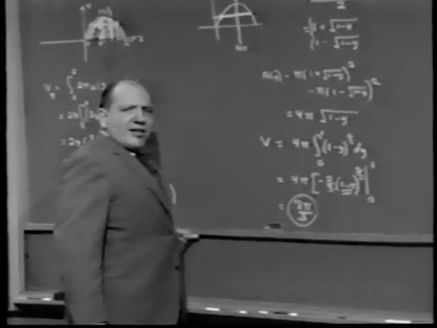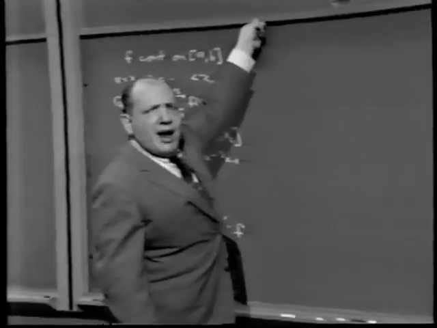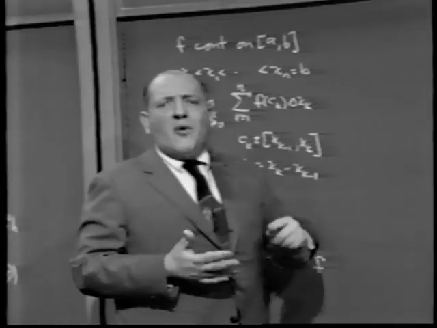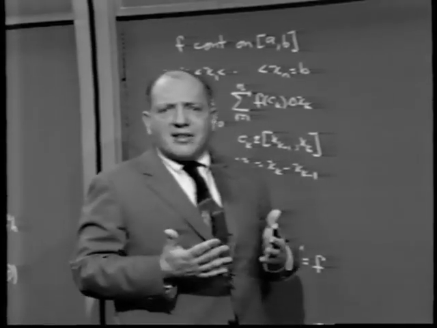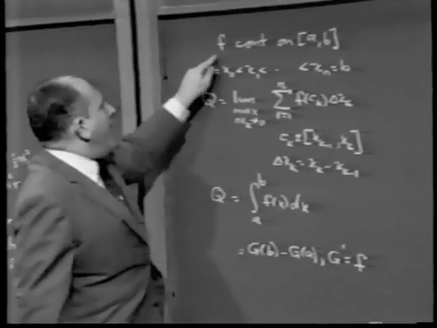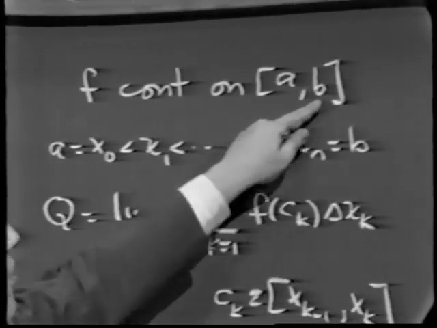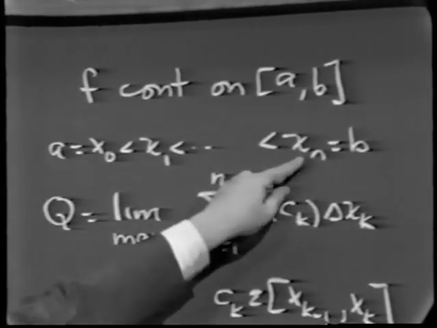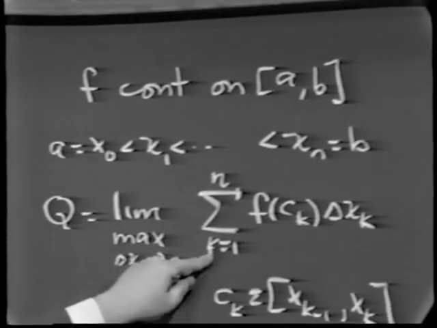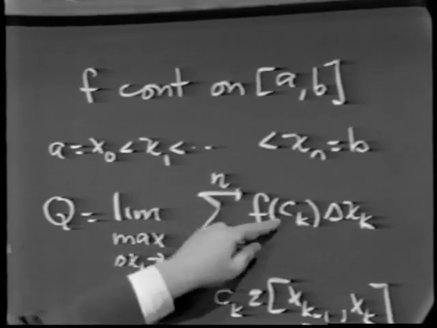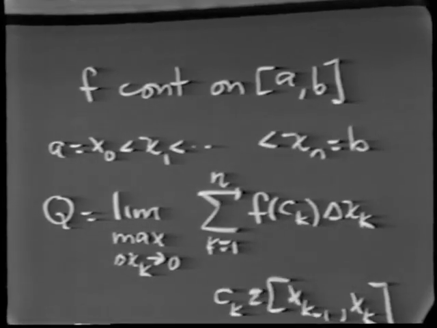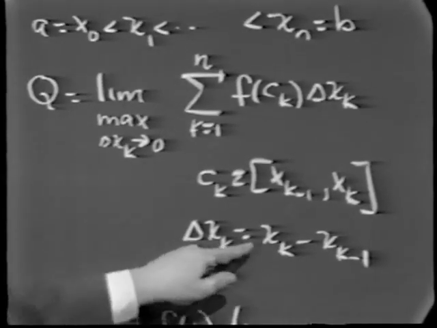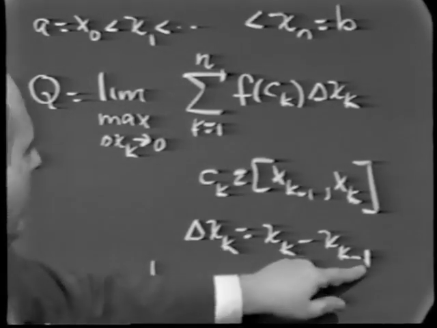So I thought that to summarize today's lecture, let's keep in mind that whether you call it area, or volume, or distance traveled and velocity, the fact remains that if f is a function continuous on the closed interval from a to b, and we partition that interval into n parts, and we form the sum as k goes from 1 to n, f of c sub k times delta x sub k, where c sub k is in the kth interval, and delta x sub k is just x sub k minus x sub k minus 1.